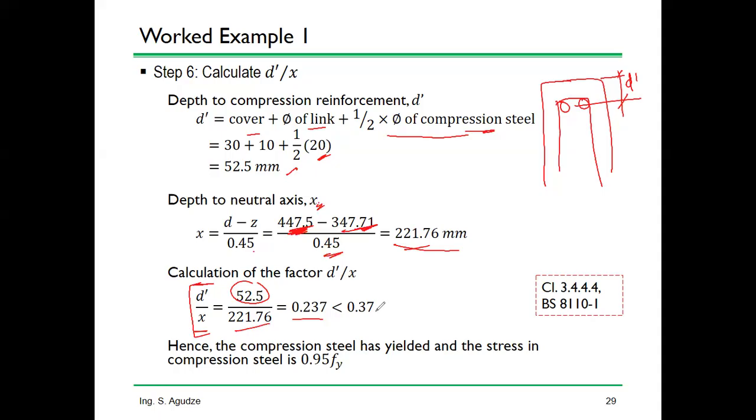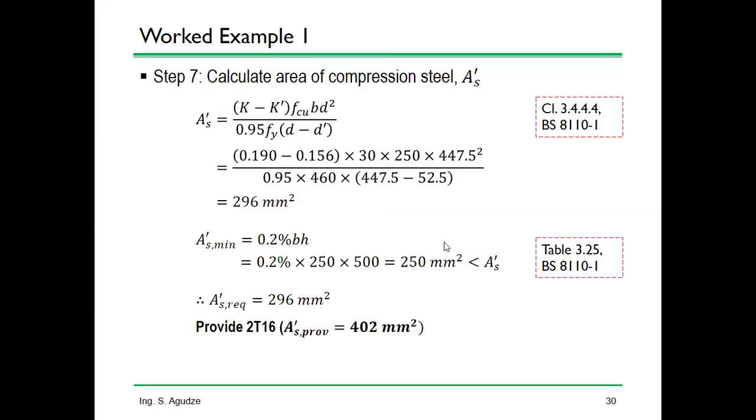Is that right? So clearly, this is telling us that the compression steel has yielded. To that effect, the yield stress in the reinforcement in compression will be 0.95 Fy. So now that you have got this criteria clearly, that is less than 0.37, then you use this equation.